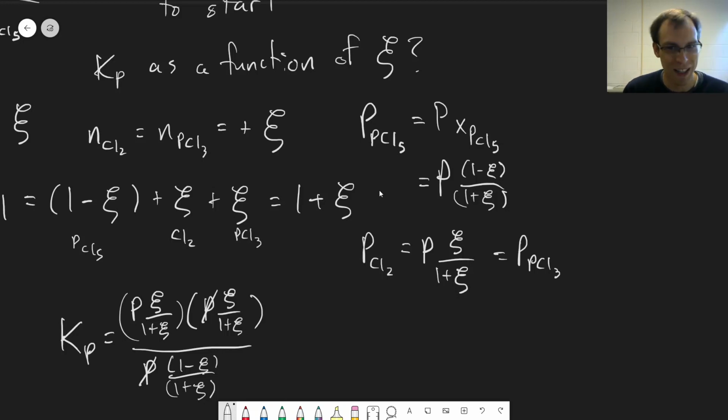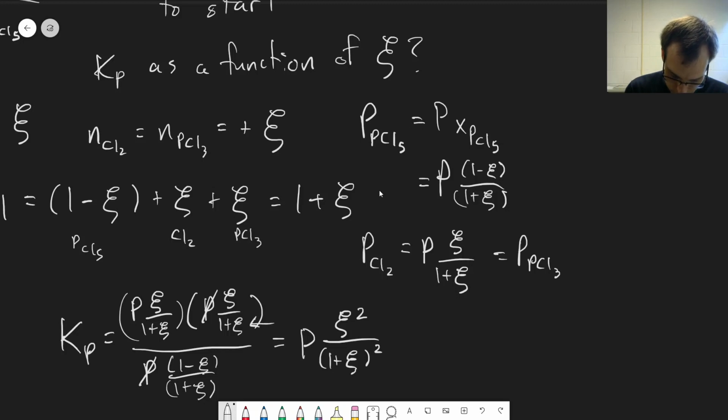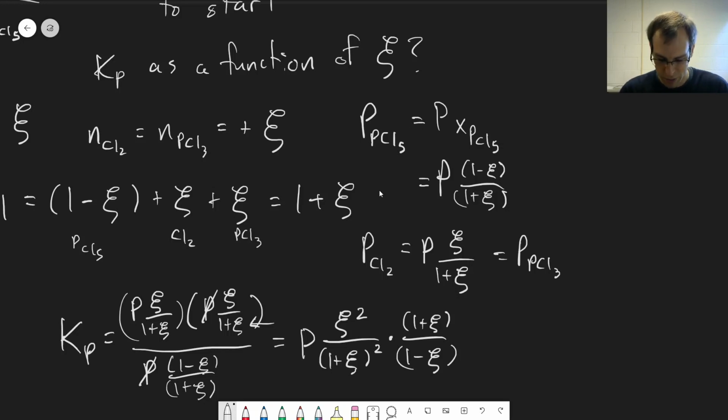Let me not try and cancel too many things to start with. We'll have a P times xi squared in the top divided by 1 plus xi squared. All right, so that's these terms down here, and multiplied by 1 plus xi over 1 minus xi. That's just taking our denominator and reversing that fraction, so dividing by that fraction so everything swaps.